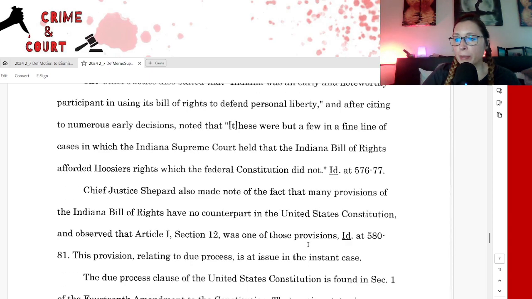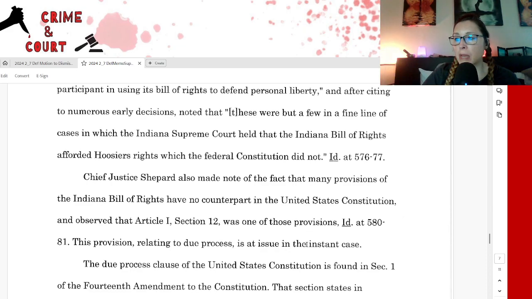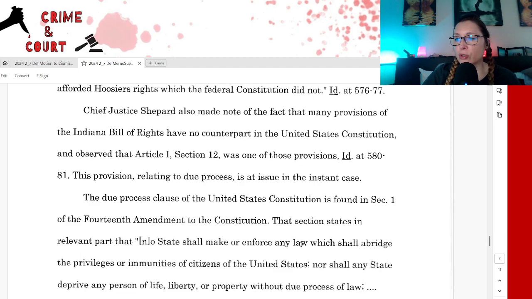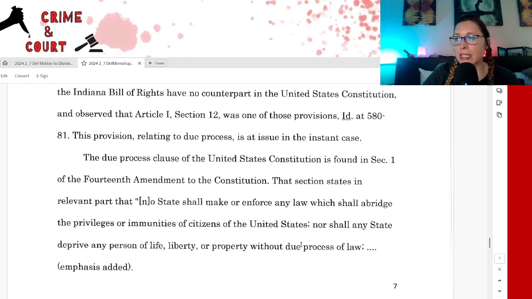Chief Justice Shepard also made note of the fact that many provisions of the Indiana Bill of Rights have no counterpart in the United States Constitution and observed that Article 1, Section 12 was one of those provisions. This provision relating to due process is at issue in the instant case.